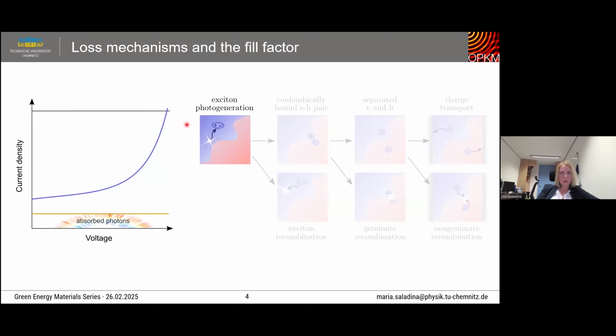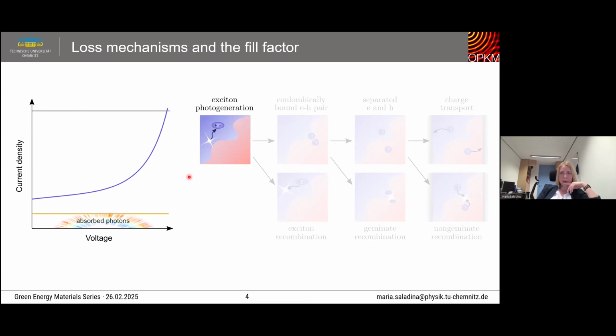First of all, let's look at how different processes, from exciton generation to charge extraction, affect the JV curve, and how we get the experimental JV curve that we measure in the lab. The first photogeneration step is the absorption of a photon of specific energy higher than the effective bandgap.